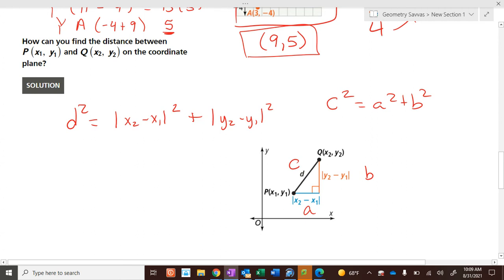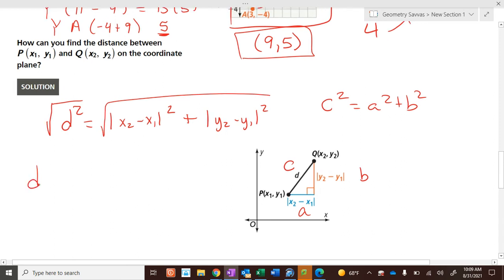Now, we don't want to find the distance squared, we want to find the distance. How do I get rid of a squared off of something? You do what, Thomas? Take the square root. So I'm going to do this to each side. Boom. So the distance formula equals the square root of x2 minus x1 squared plus y2 minus y1 squared.